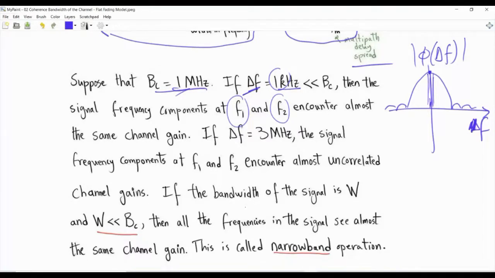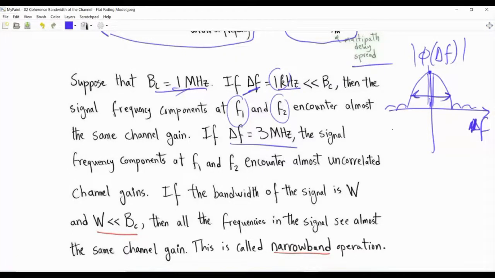It means that those two spectral components encounter almost the same channel. This happens if the separation is much smaller than the coherence bandwidth, which is the width of this function.